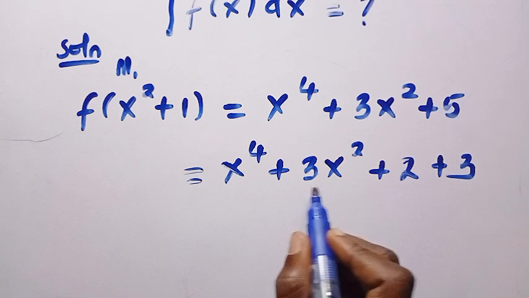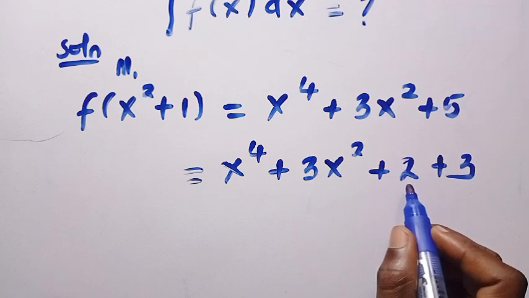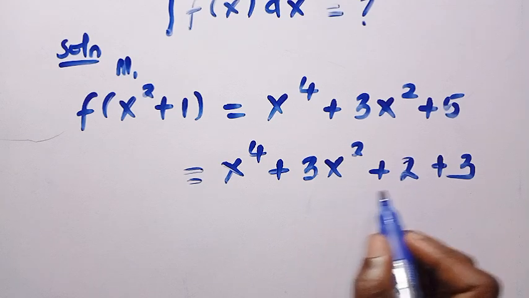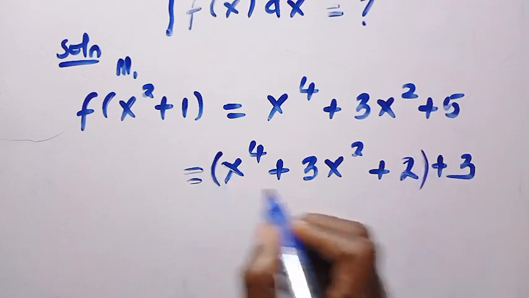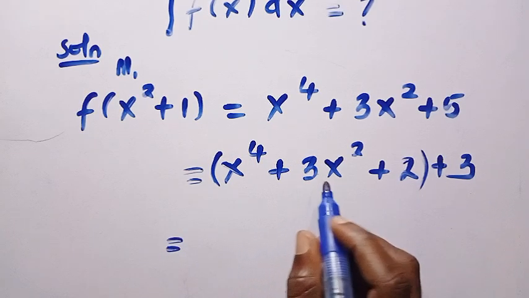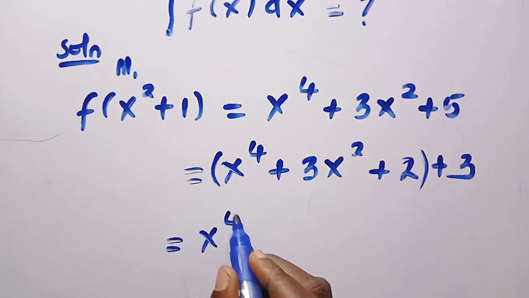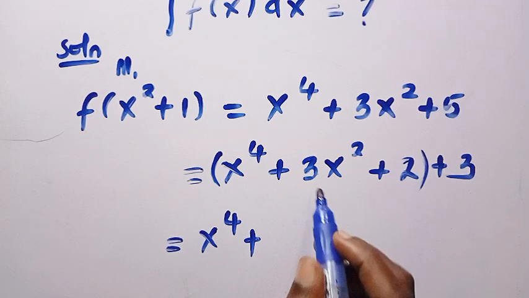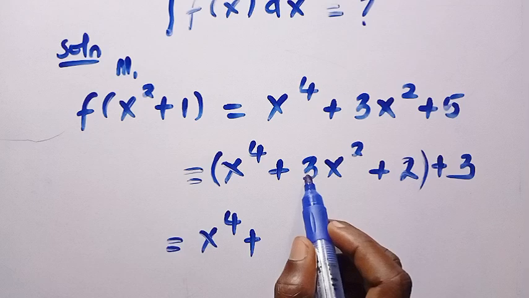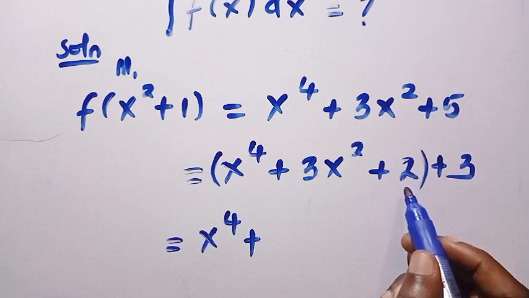If we look at this 3, we consider this as a sum, and this 2 is the product of the roots. So we group this like this, and we leave 3 outside. We want to factorize this, so we need to write x to the power of 4 plus, when we say 2 plus 1, that is 3, and 2 times 1, that is 2. The sum is 3 and the product is 2.